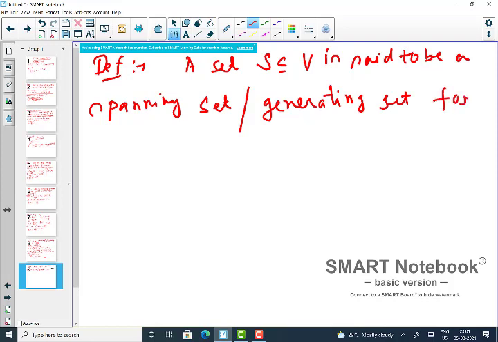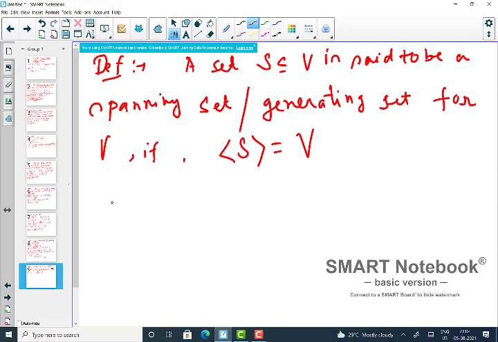If the span of S is the full subspace V, then we call S a spanning set of V, or S spans V, or S generates V.